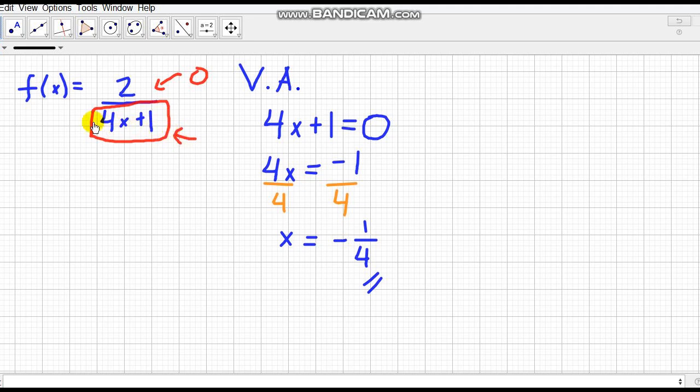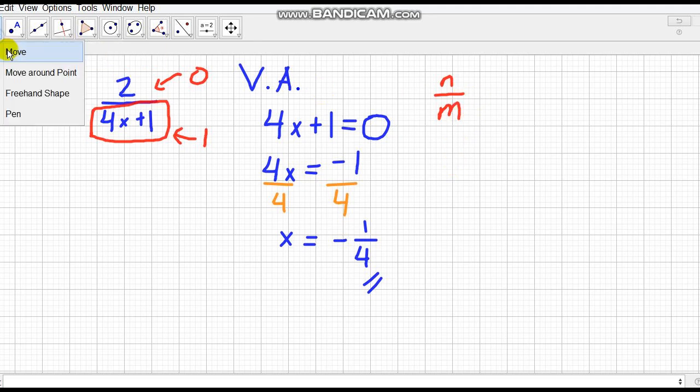In our denominator, we have 4x plus 1, so we have a variable x here. The highest exponent is 1. So we're going to name our numerator's degree as n and our denominator's degree as m. So n is the degree of the numerator and m is the degree of the denominator.